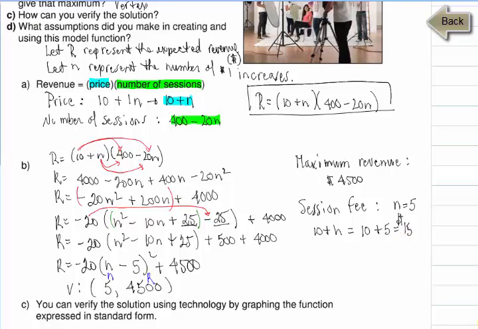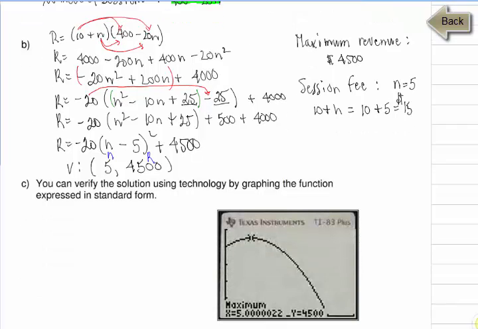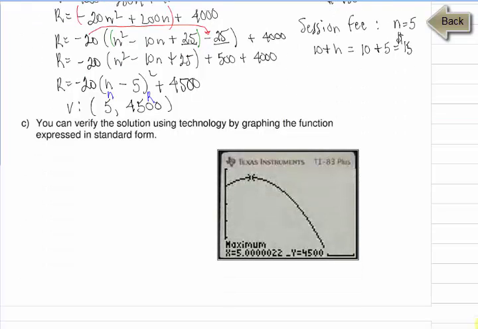All right, so how can we verify this? Well, one way is that we can plug our equation into our graphing calculator and determine the vertex. If you take a look at this example, I've used the TI for this. Our vertex is at 5 and 4,500.